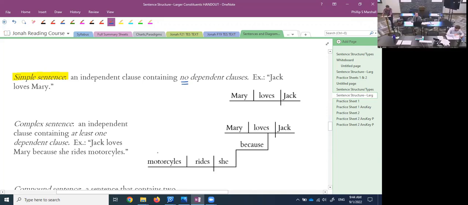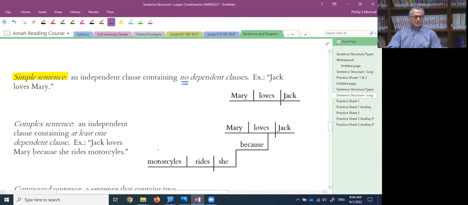So Jack loves Mary is a very simple sentence. I have one baseline in my line diagram and the constituents that make it up. Jack loves Mary is a good old subject, verb, direct object type of sentence. But a complex sentence is an independent clause that contains at least one dependent clause.